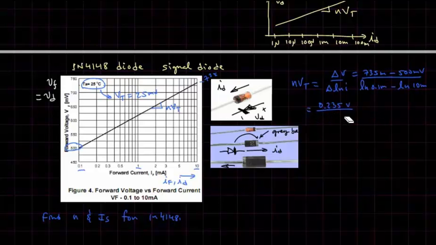Actually, I've got this backwards. I'm sorry. This should be 10 milli, this should be 0.1 milli. So we'll have the natural log of 10 milli over 0.1, which is 100. Right, 0.235 volts over the natural log of 100.